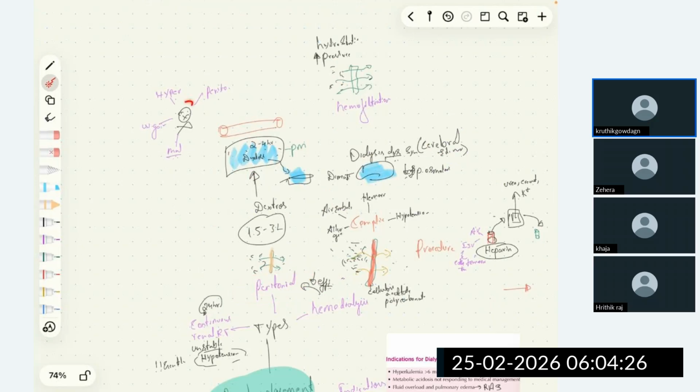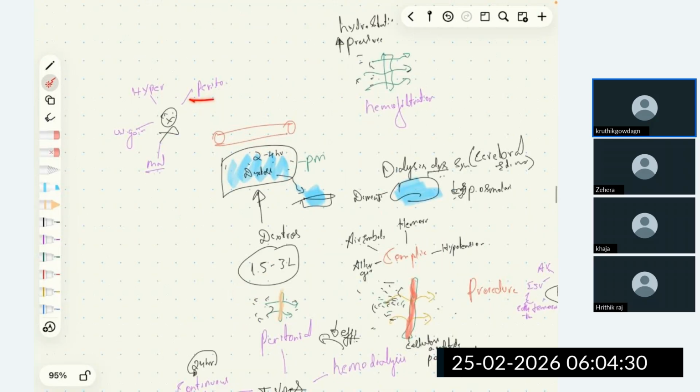What are the complications seen in peritoneal dialysis? We can have peritonitis because we are meddling with the peritoneum in the process. While infusing or doing some procedure, we can introduce infectious material and cause peritonitis. Also, because we are giving dextrose, the patient may have hyperglycemia, and with repeated peritoneal dialysis, the patient may have weight gain due to hyperglycemia.